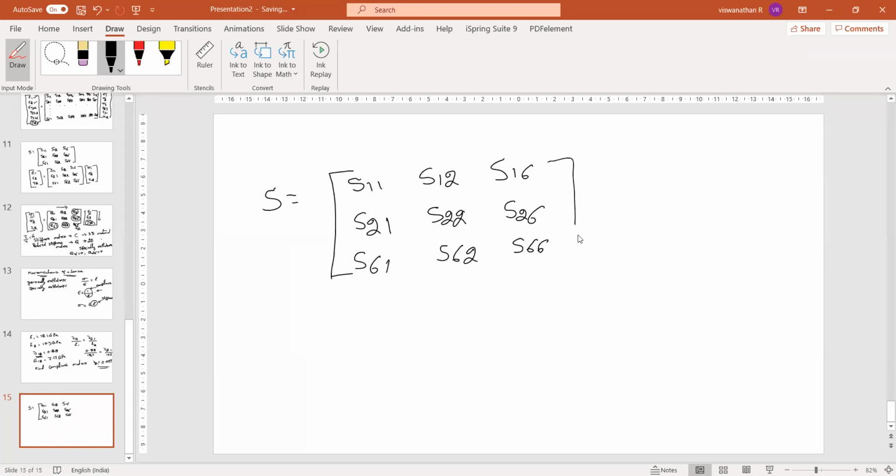What are these terms? Why is it 6 here? Why not 3? Why not S13?